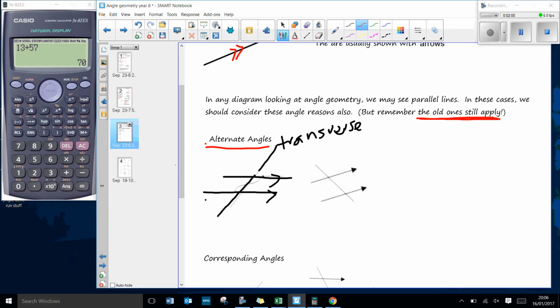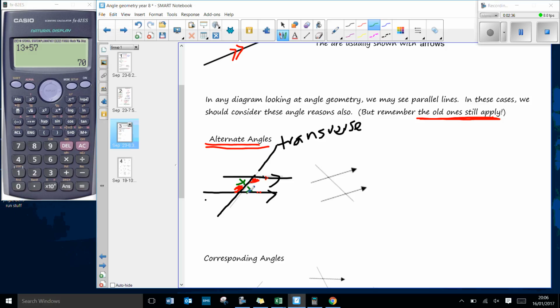Now, alternate angles, you will notice there is one on one side of the transversal line and one on the other. They are on alternate sides of the transversal line. But notice they are both enclosed between the parallel lines. There are obviously other alternate angles. So we have these green ones here.